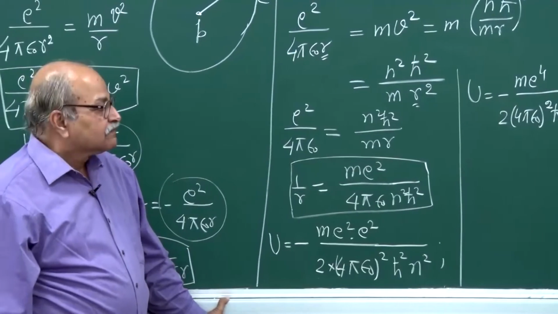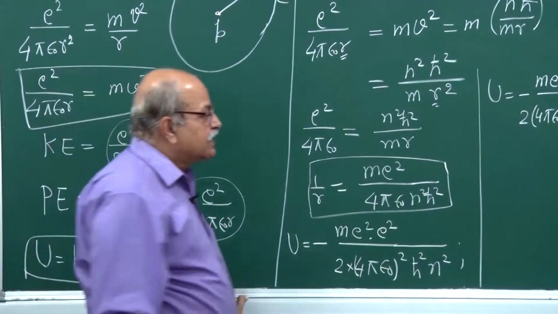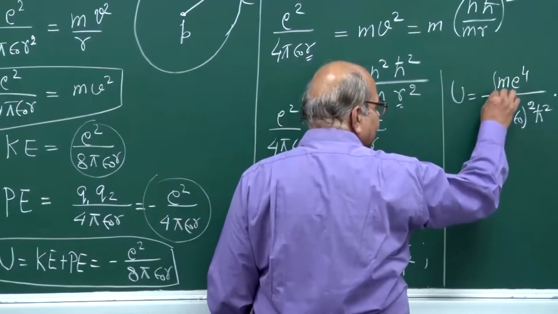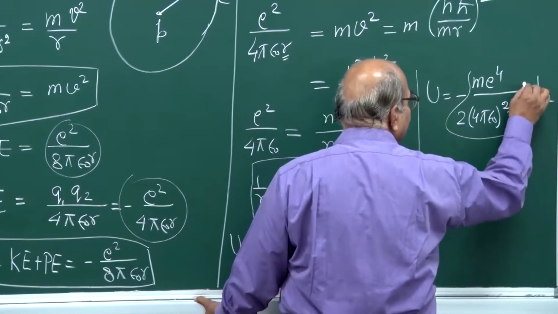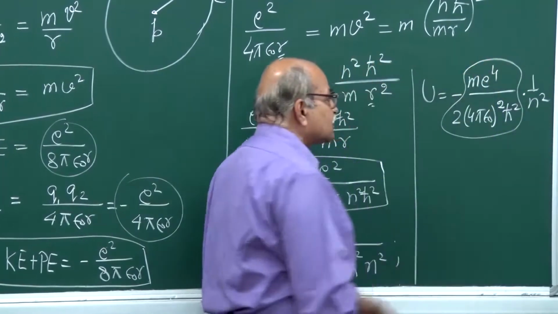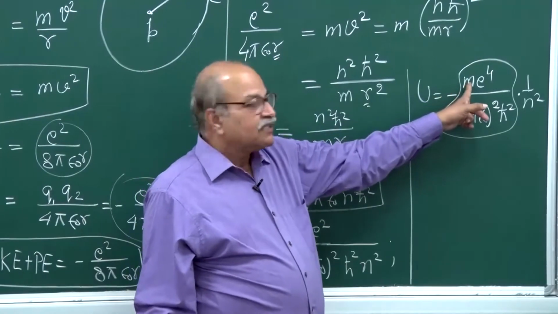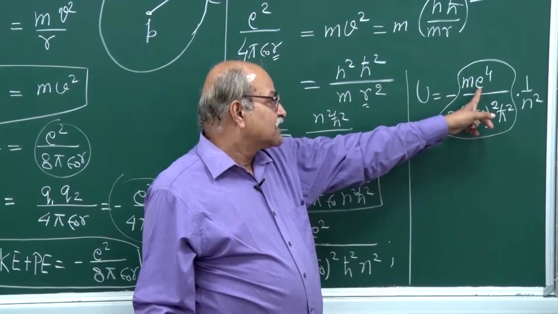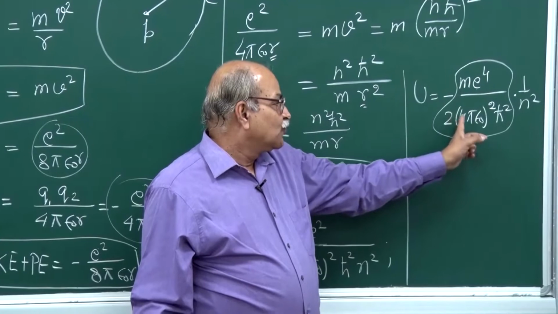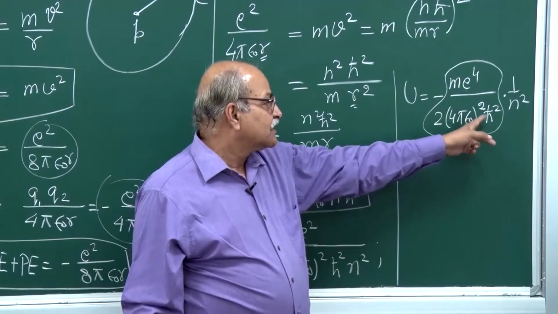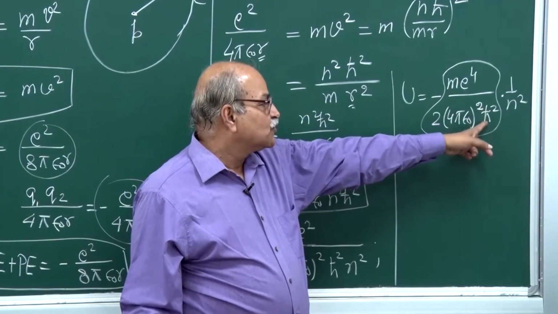Now this quantity here is the mass of the electron, a fixed quantity; the charge of the electron, a fixed quantity; 2 into 4 pi epsilon naught, fixed; h cross, Planck's constant divided by 2 pi, fixed.